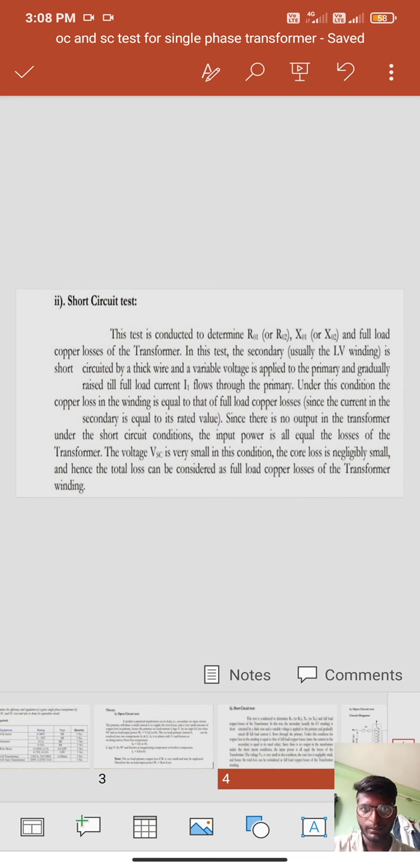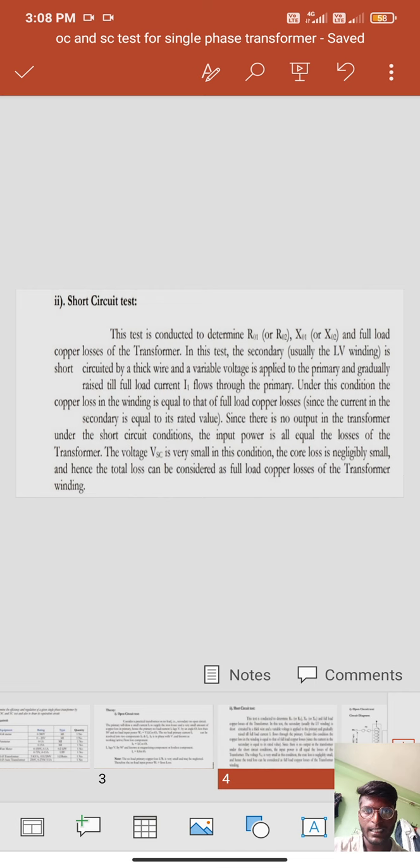Short circuit test. This test is conducted for determining R1, R2 and the full load copper losses of the transformer. In the test, the secondary, usually the low voltage winding, is short circuited by a thick wire and a variable voltage is applied to the primary and gradually raised until full load current I1 flows through the primary.